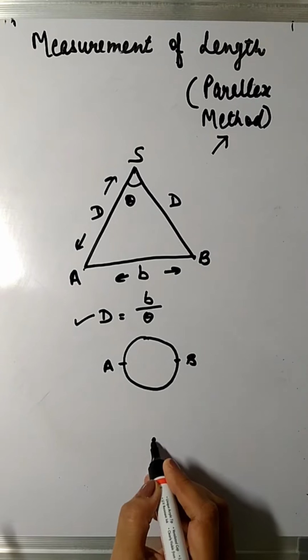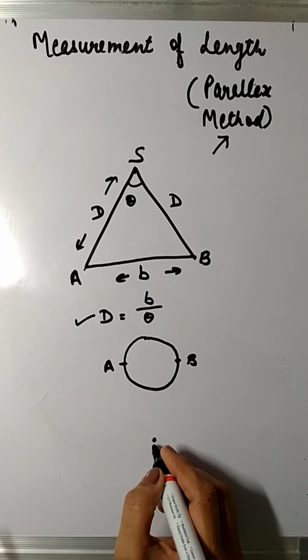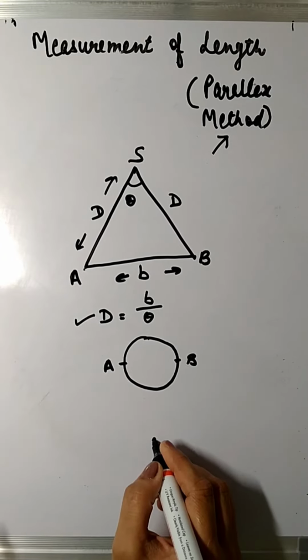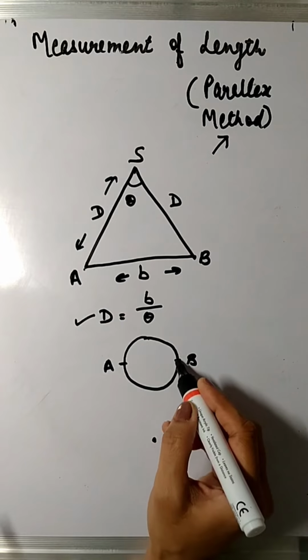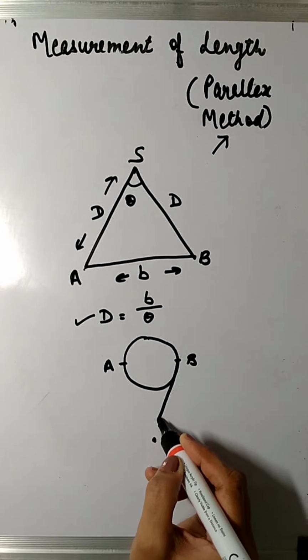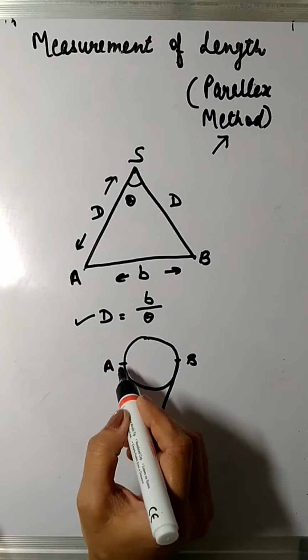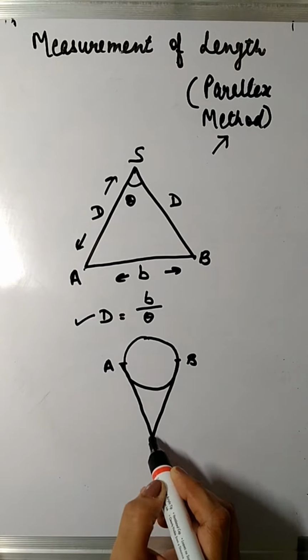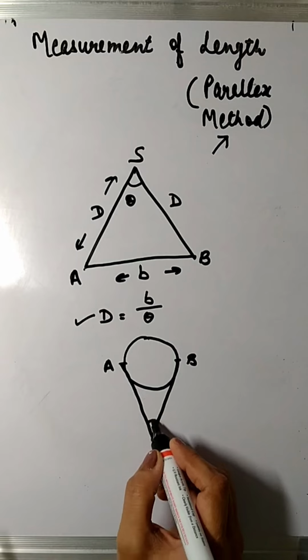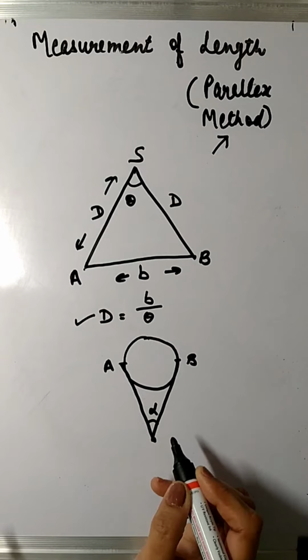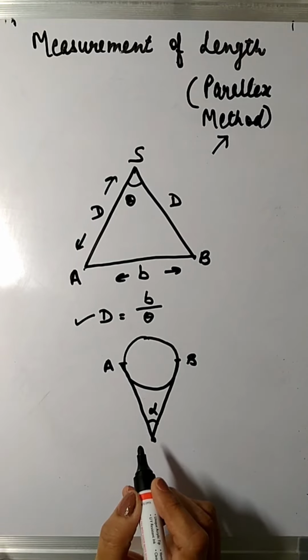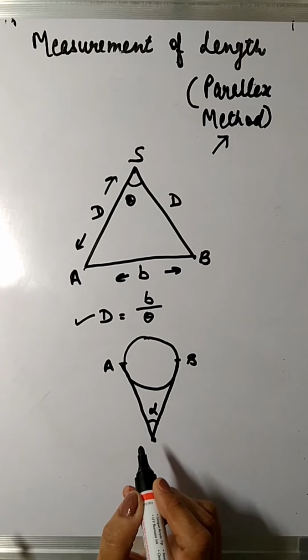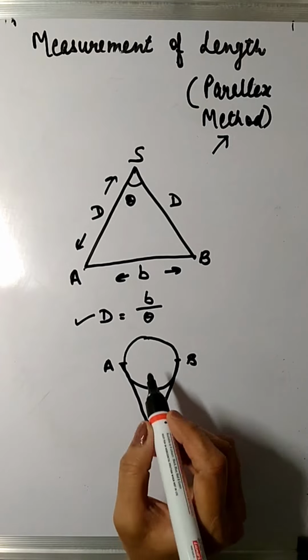Let us say that this is our Earth and here the telescope is mounted. From the telescope we view one end of the planet, B, and then we view the opposite end of the planet at point A, and let us call this angle alpha, and let us call the diameter of the planet small d.